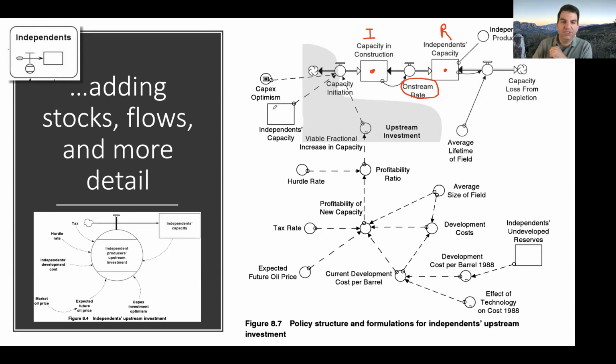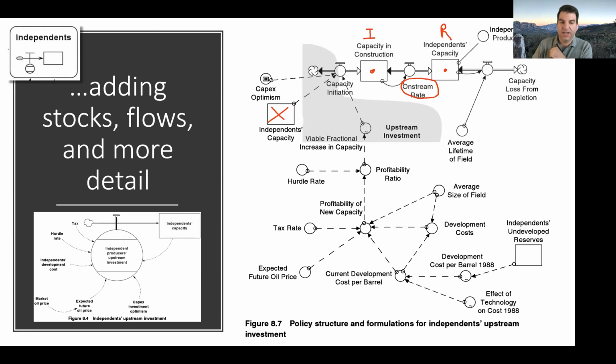This independents' capacity is just a shadow variable for the independents' capacity, so that instead of having to draw a line going from here all the way over to here, you can create a shadow variable that's just a copy of this one so that it is a little cleaner in the diagram.